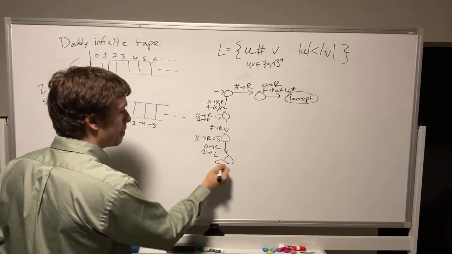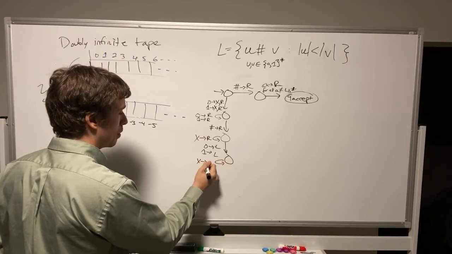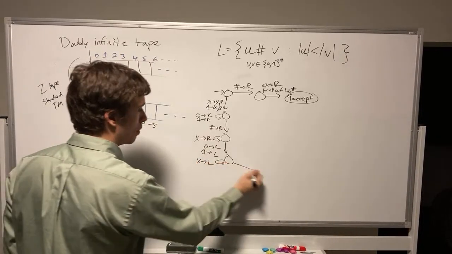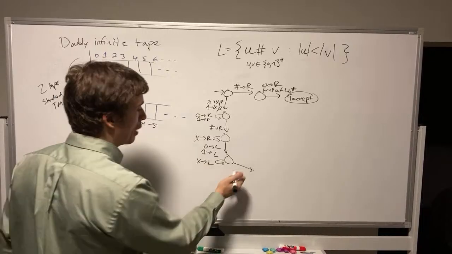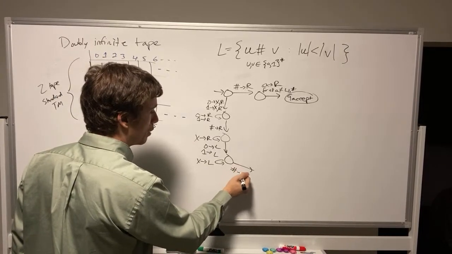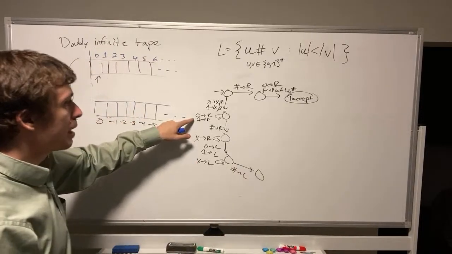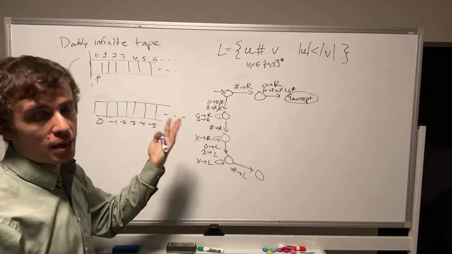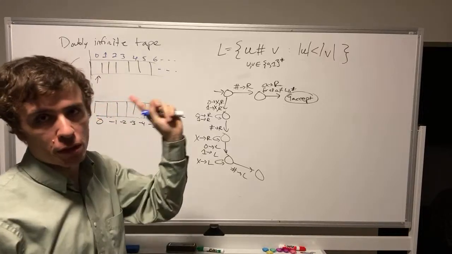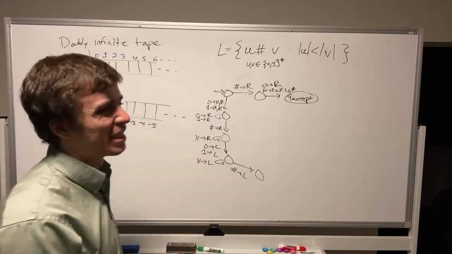So I need to skip past all of the X's, going left, and then skip past the pound sign. So pound sign left, and then skip past any zeros and ones that I have not marked yet. I want to go to the first one, which will make things a little easier.